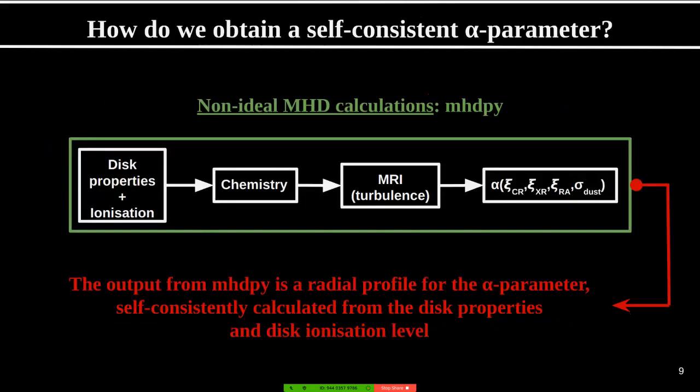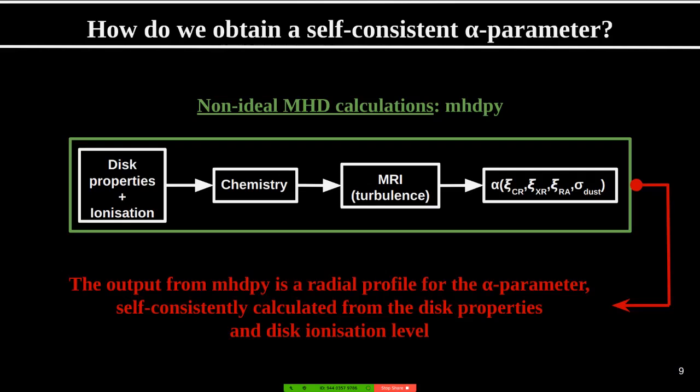For the first question, how do we obtain a self-consistent alpha parameter? We developed a code called MHDPy that does non-ideal MHD calculations. The output of MHDPy is a 2D alpha parameter map that is completely consistent and derived from the disk properties that you set and the ionization level.